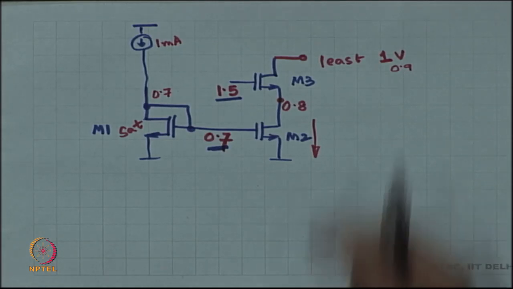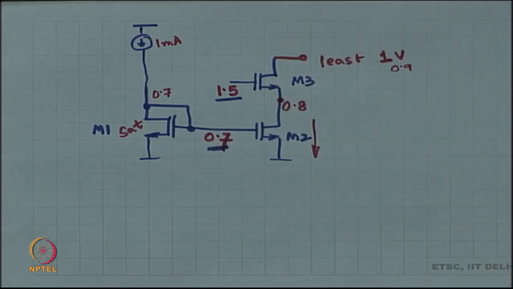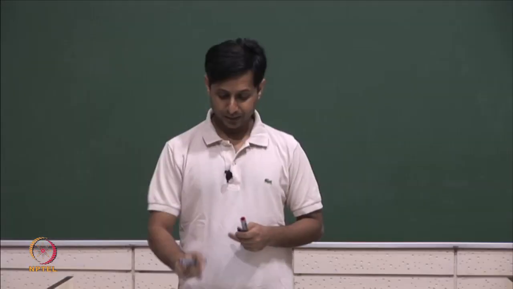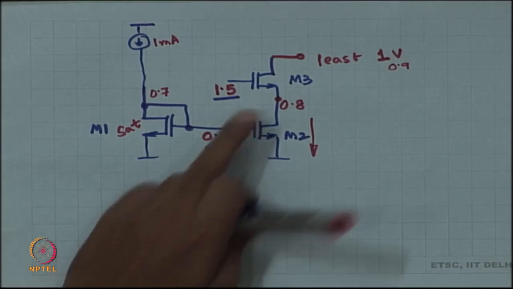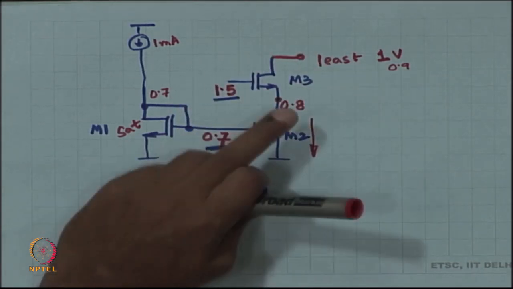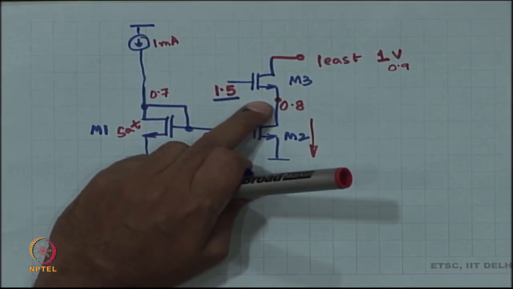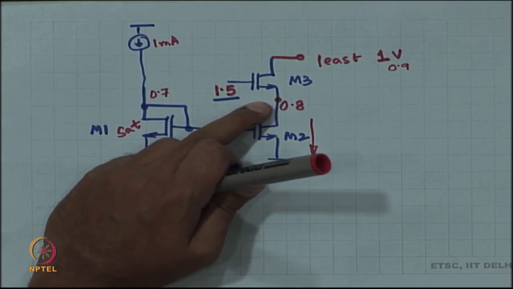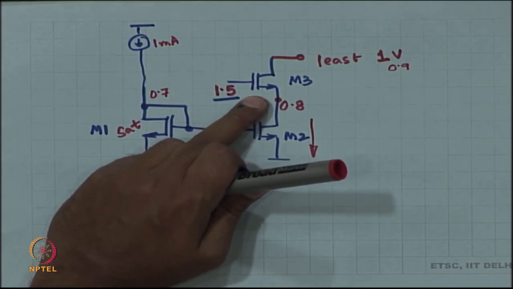Okay. What about the output impedance? The quality of the output impedance has become a little worse. Why? Because this device is no longer in saturation. So, gm3 times rds3 has dropped, the intrinsic gain of the device has dropped, right. It is no longer that large 100 number that it used to be, right.